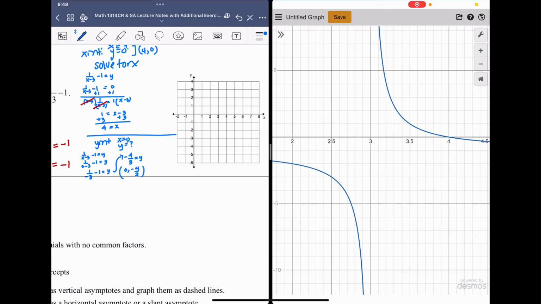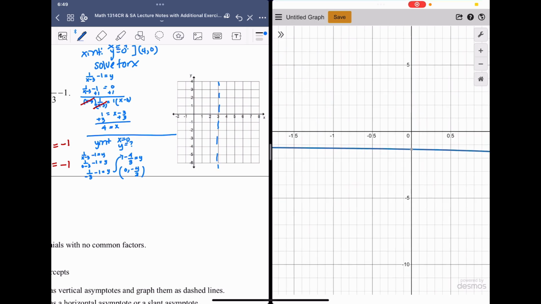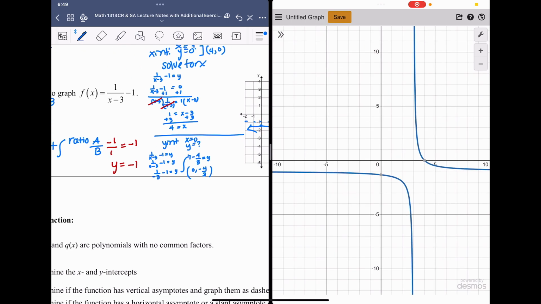You have your vertical asymptote at 3. So it's going to look something like this. Like that. And then it can't go close to the negative 1, excuse me. And then it goes about right here, and about right here. So our graph is going to look like that. Again, all this is just a sketch.